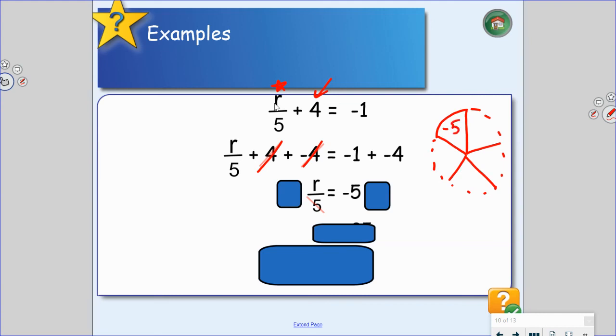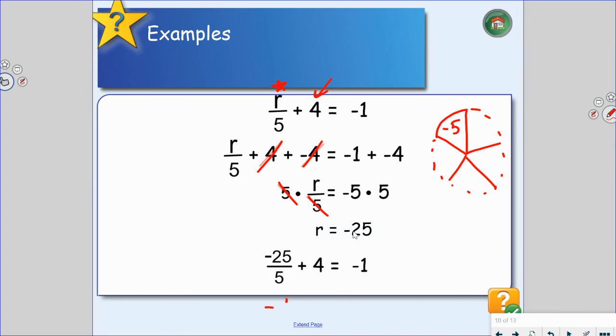So if part of that were negative 5, let's multiply. Do we have to multiply by negative? No. Because 5/5 gives us 1 whole r, and that is what we wanted, r equals. Meanwhile, 5 negative 5s makes negative 25. Don't believe it? Check it. Negative 5 plus 4, is that equal to negative 1? Yes, it is.